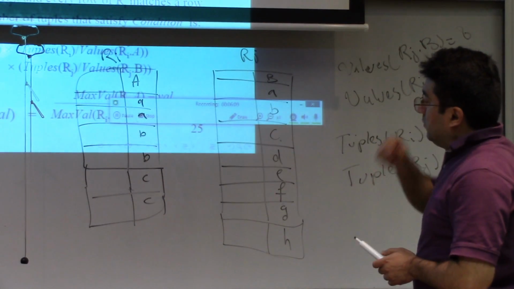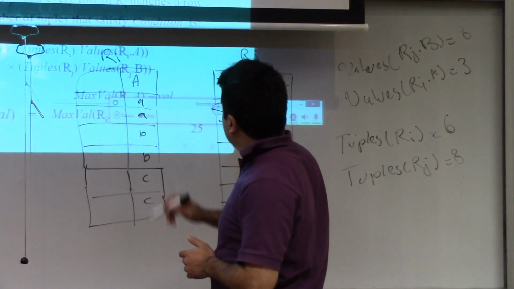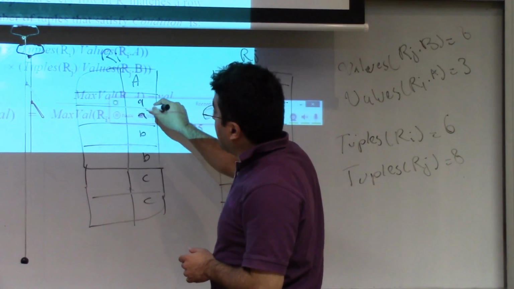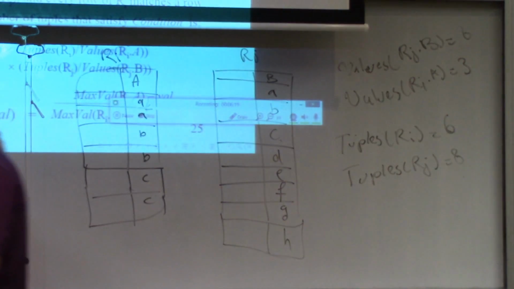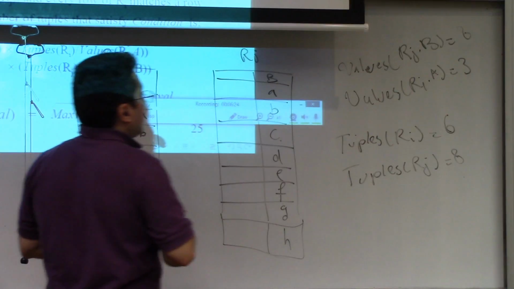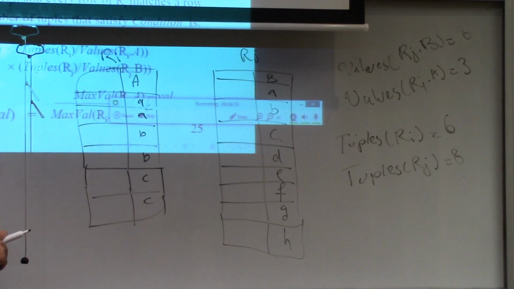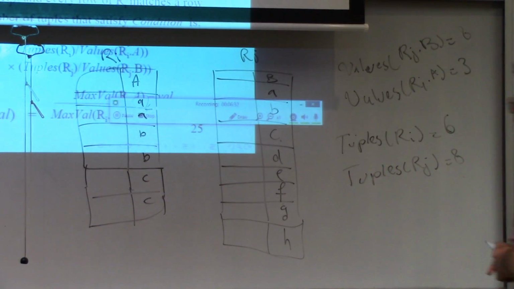So we assume that for each value of attribute A of relationship Ri, we have at least one matching row from relationship Rj. Okay. So how many records we will have in the output? 6, right?